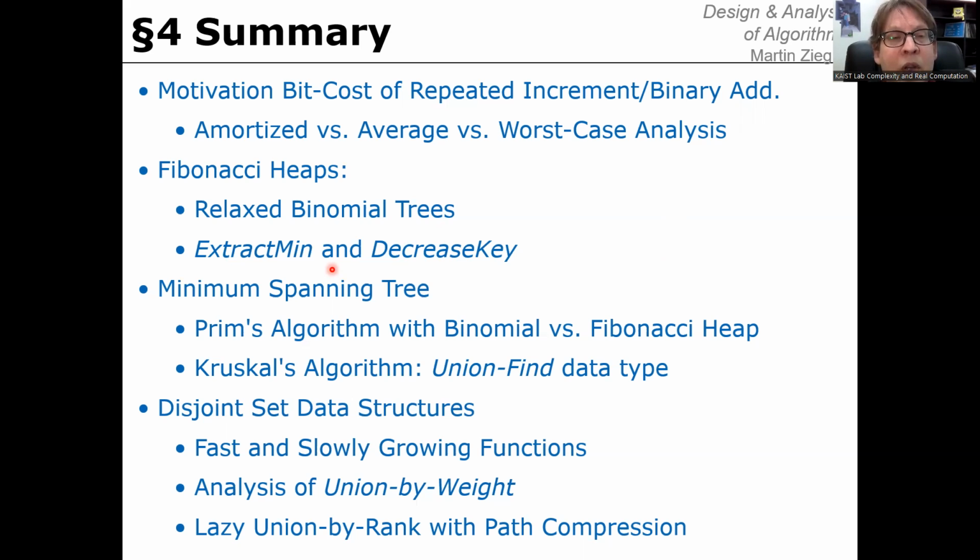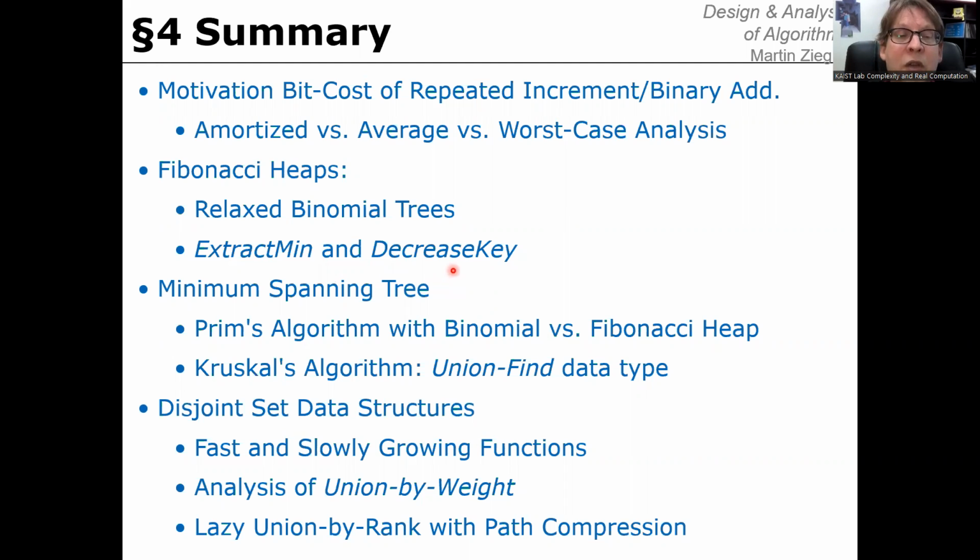Then we talked about applications of this amortized analysis, namely in Prim's algorithm, which uses a priority queue repeatedly, and more precisely, it makes calls to the decrease key operation more frequently than to the extract-min operation.